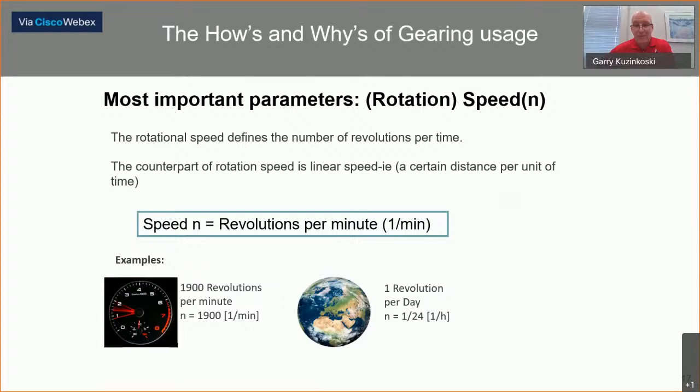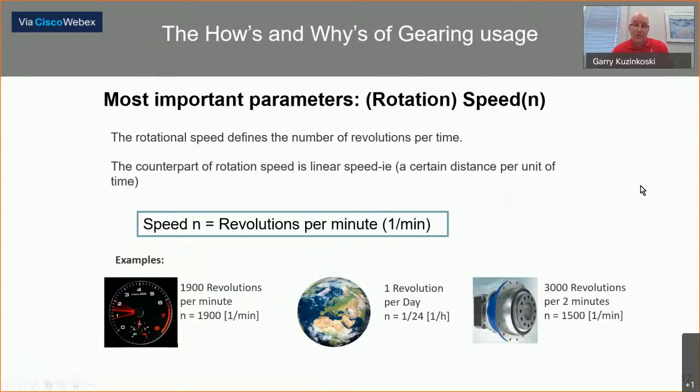to my engine. In a more personal perspective, what does our globe do, our Earth? It rotates once per day, so it's basically 1/24th of an RPM. If I continue on and we get to a gearbox, the 3000 RPMs, if it's moving that fast in 2 minutes, it's basically a simple equation.